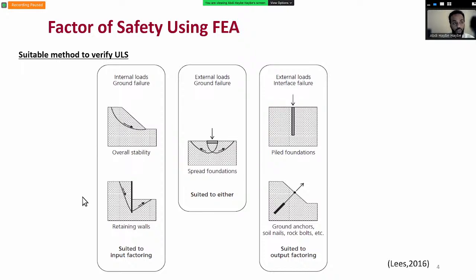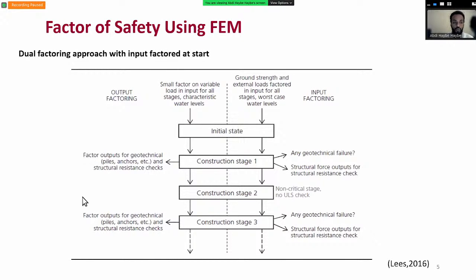Each of these approaches has its advantages and disadvantages, so a combination of the two would be suitable to make sure that we take into account all aspects of the failure, and we compare whether input factoring or output factoring would give the more critical result.